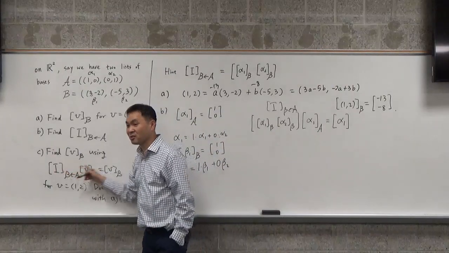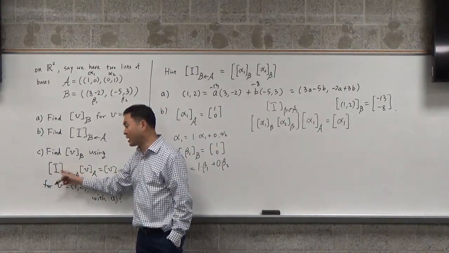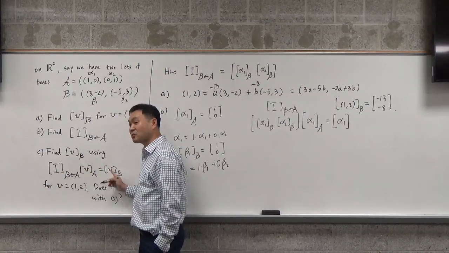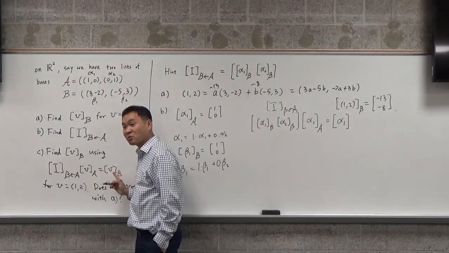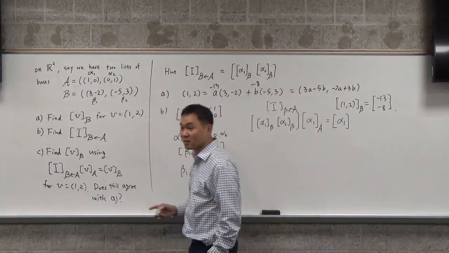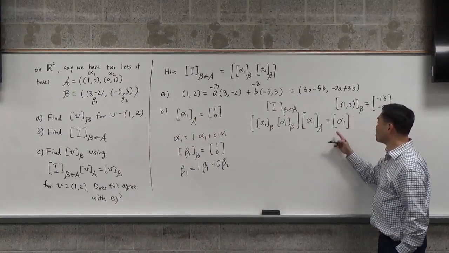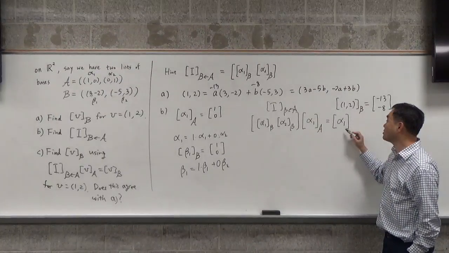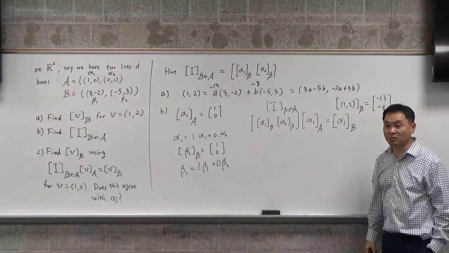Using this formula, if I multiply I to V, what does this do? It doesn't change the vector itself, it just changes the basis representation. That's what this matrix does. So what do you get if you multiply this times this? You get alpha 1 under basis B.